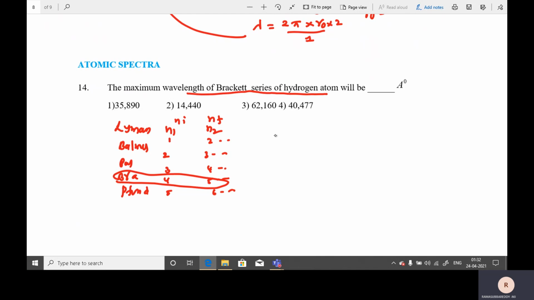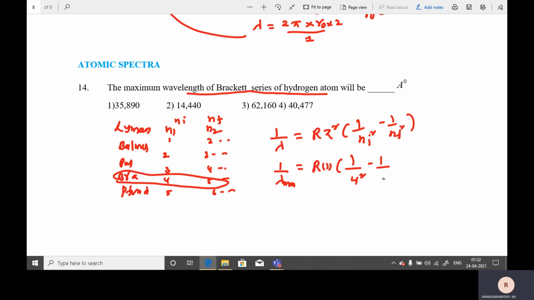Now what is our equation? 1 by lambda is equal to R z square into 1 by ni square minus 1 by nf square. So 1 by lambda, for maximum, is equal to R, z is 1, 1 by 4 square minus 1 by 5 square.